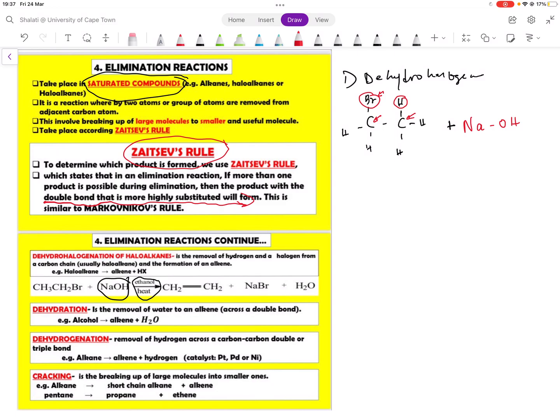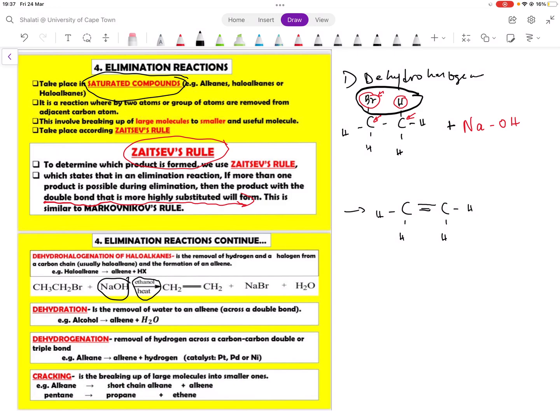In elimination, we remove things completely, which means we must now make a plan for this bromine and hydrogen, what is going to happen to them. You can already see that by removing those two elements, you're going to have to form a double bond to complete the number of bonds here. There's no other way, so this results in a double bond.